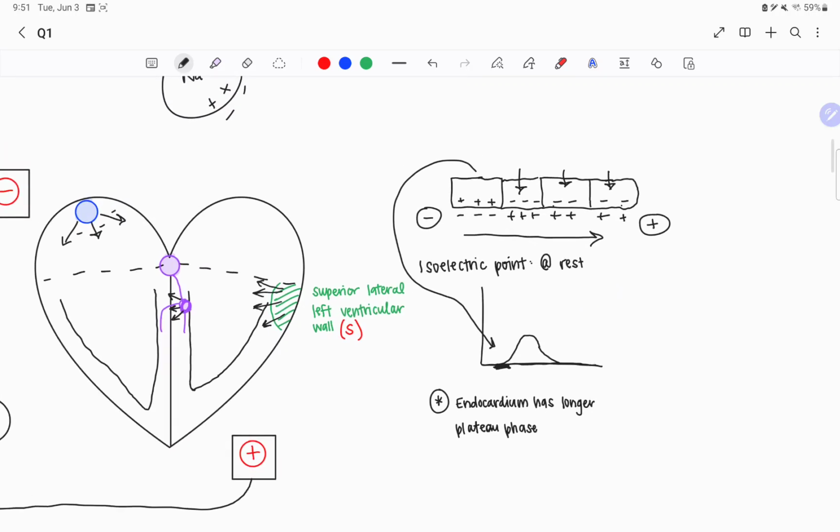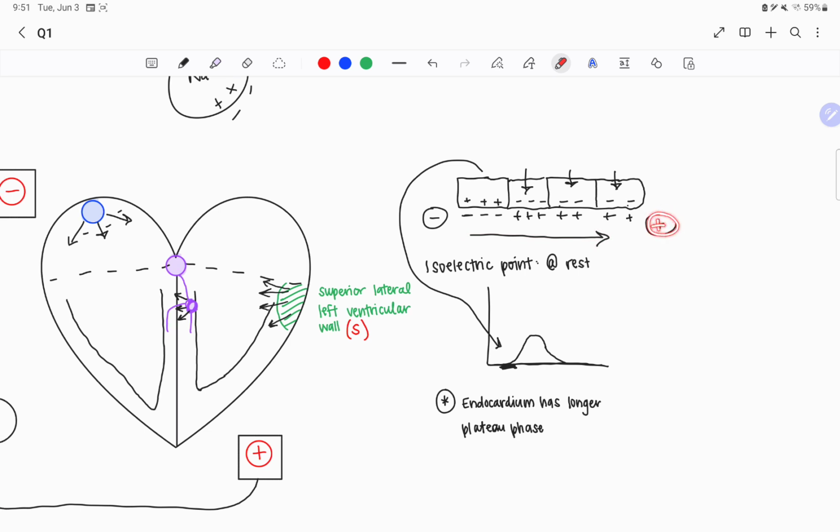One of the rules for an ECG is that if you have a negative tail pointing towards your positive terminal, or your positive sensor, then your wave is going to be upright.